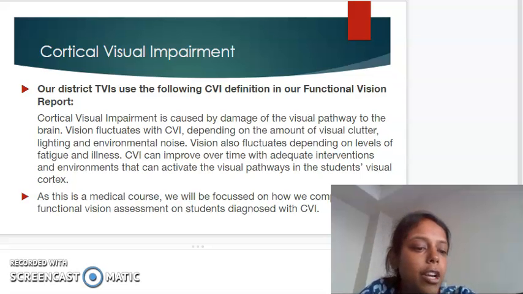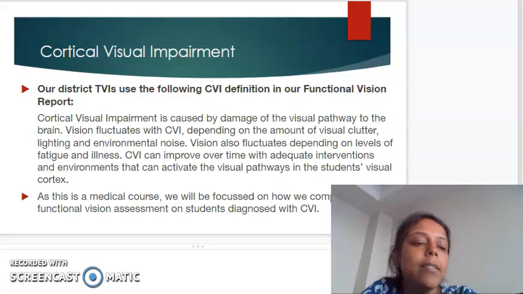As you know, this is a very complicated diagnosis. We've been talking about it since the beginning of the semester, and it's not something that you will learn overnight. You will have many students with CVI, so you will keep learning about this disability, about this diagnosis throughout your career.